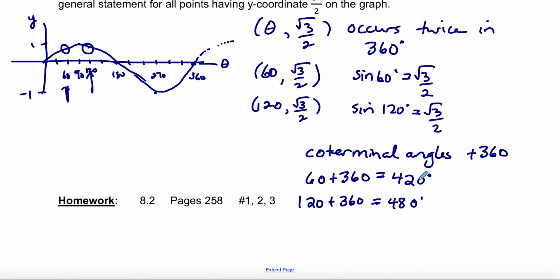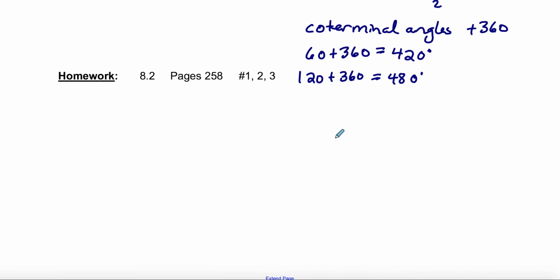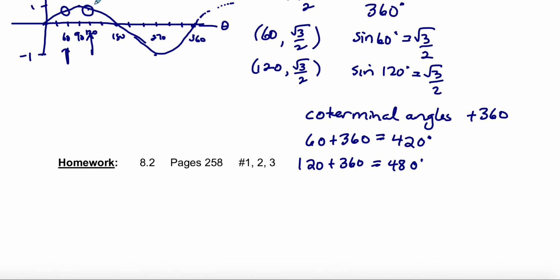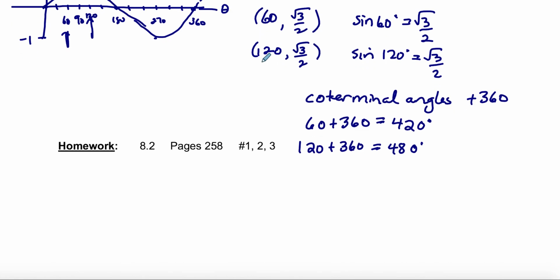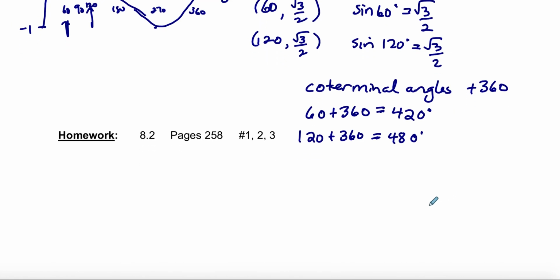From there, I could add another 360 to these, and I could get 2 more points, and then I could add 360 to that and get 2 more points. So we make up a general rule about this. Since we were at 0.87 twice in 360 degrees, I would have 2 general rules. Any angle could be 60 degrees plus 360k. How many rotations? We don't know.